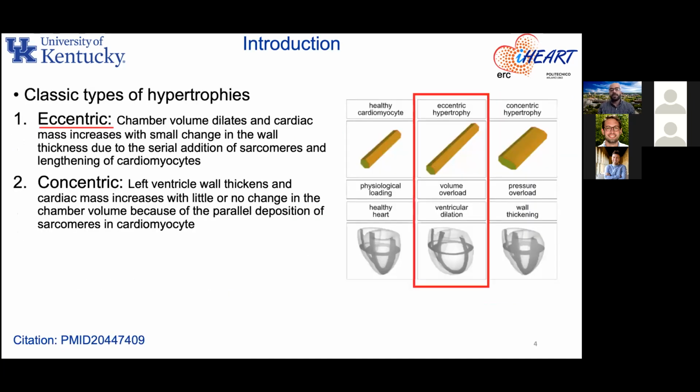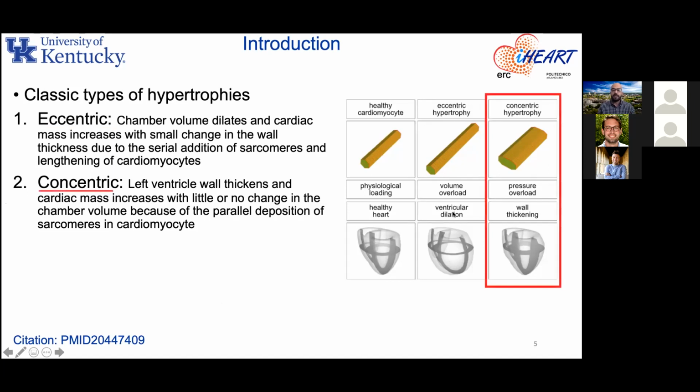Based on the outcome geometry of the heart, we can classify cardiac hypertrophy into two categories. First, eccentric hypertrophy, where at the cellular level the sarcomeres deposit in series and it leads to elongation of cardiomyocytes. And at the organ level, it leads to dilation of the ventricular chamber size with a small change in the ventricular wall thickness.